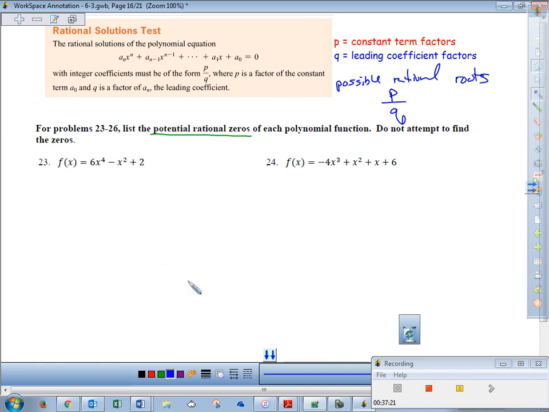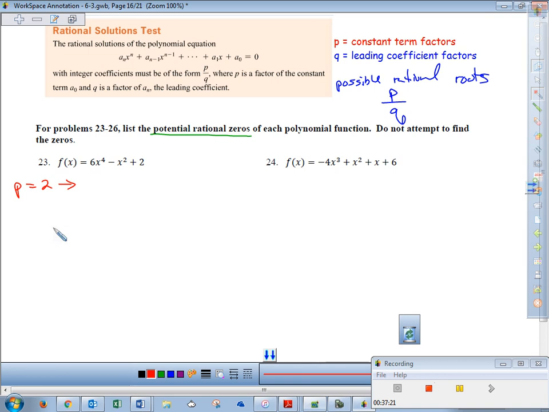So I do this in 3 phases. First of all, P equals 2. P is the constant term, right? And that implies that the P values I need are all of the factors of 2. So every combination of numbers that multiply together to be 2. Like what? 1 and 2.